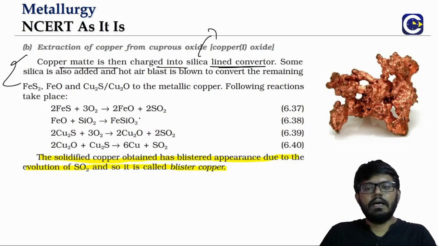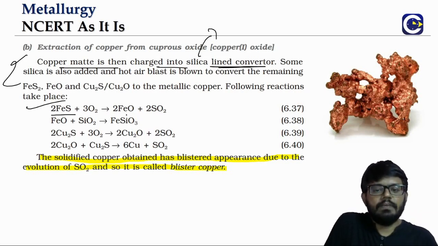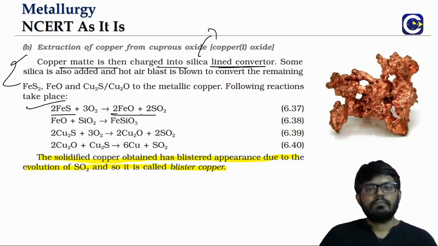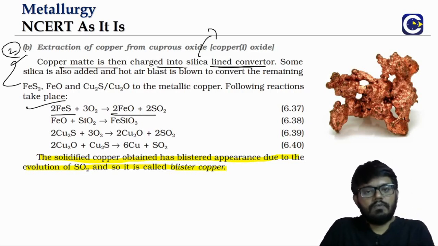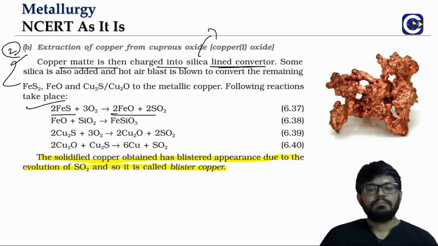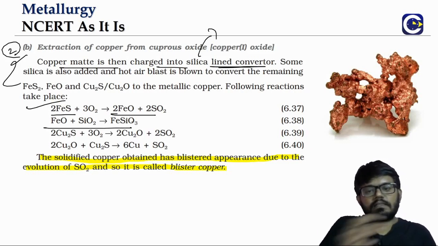When we are blasting the hot air, whatever remaining amount of FeS there is will be converting into the oxide form. This is the second stage. The first stage of extraction, the reverberatory furnace, is over. We got the copper matte. Now we are dealing with the copper matte. The small amount of remaining FeS will be converting into what? Oxide. The oxide will slag off.